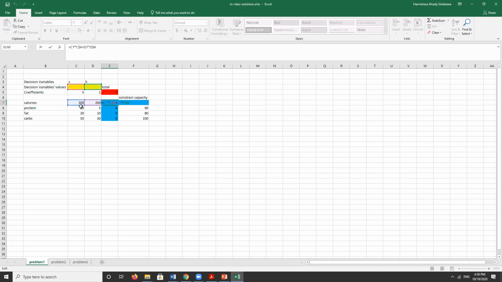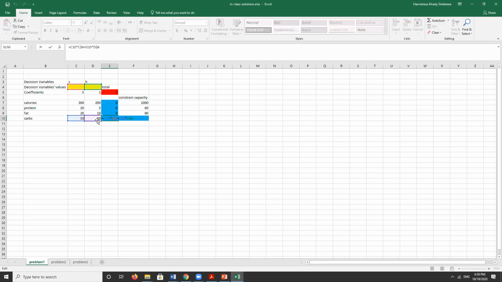Since my decision variables are empty or 0, the multiplication is 0. If they were 2, it would be different. Similar for protein times decision variables, and everything up to the carbs.